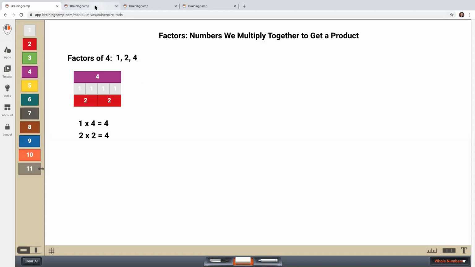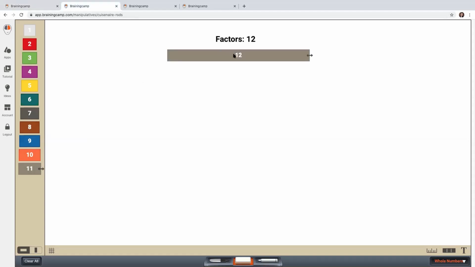Okay, now I'm going to jump over here, and I'm going to find the factors of 12. So first I'm going to check my ones. Looks like I can fit 2, 4, 6, 8, 10, I can fit 12, okay?